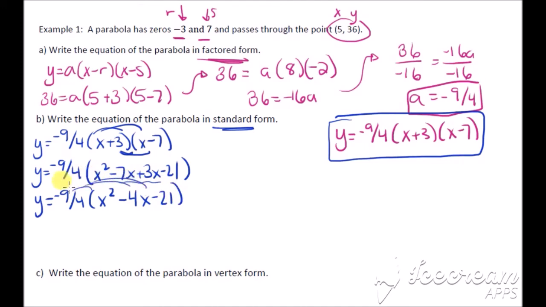Now, let's expand that -9 over 4. So -9 over 4 x squared, and then when we multiply it by this, we get positive 9x, and then when we multiply -9 over 4 by negative 21, we get 189 over 4. We can put it as a decimal because this one's not going to change, so positive 47.25.